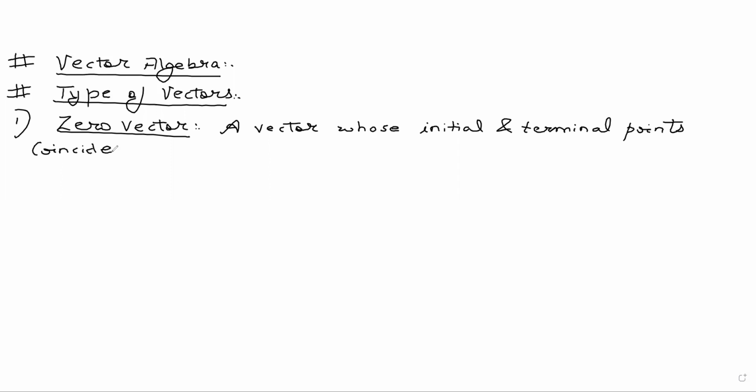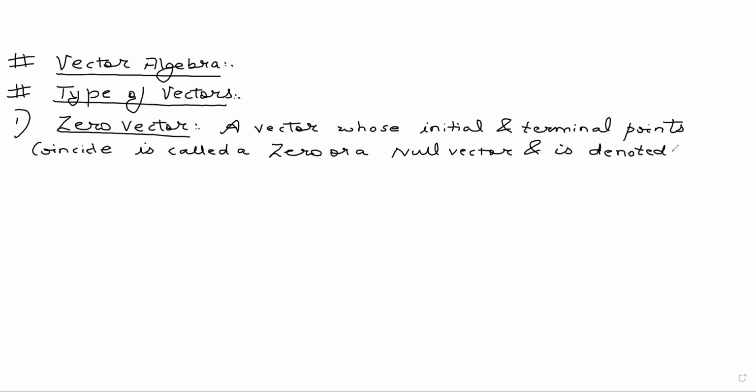A vector whose initial and terminal points coincide is called a zero or a null vector, and is denoted by 0 with a bar on the top. Any vector whose initial and terminal points are the same is called a zero or a null vector and is denoted by 0 with the bar on the top.